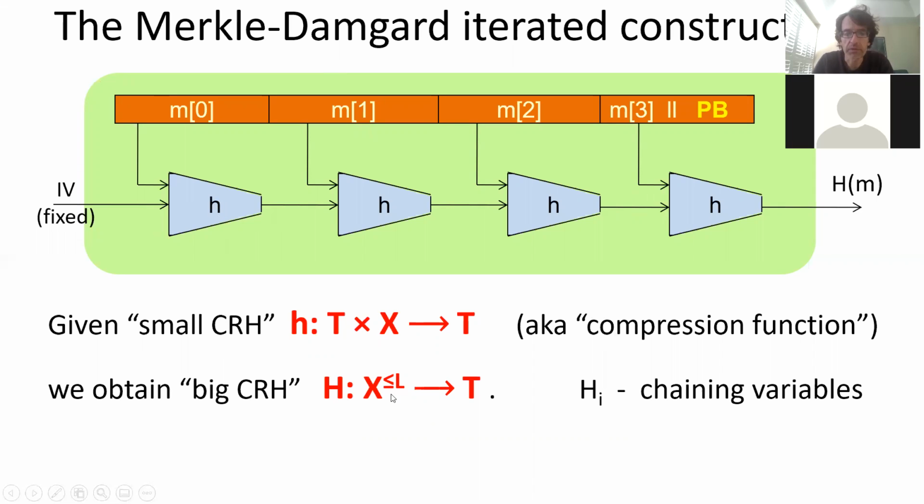Let's think of the small compression function as taking a bit string that is represented as a pair: something in the target space of the hash, and the rest.